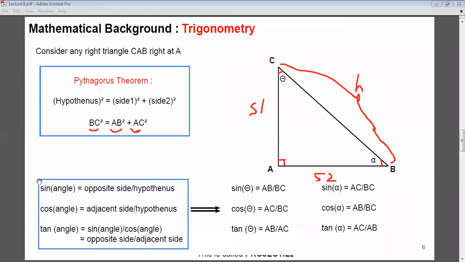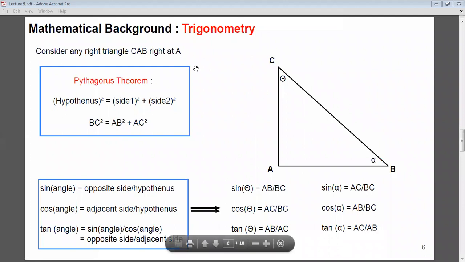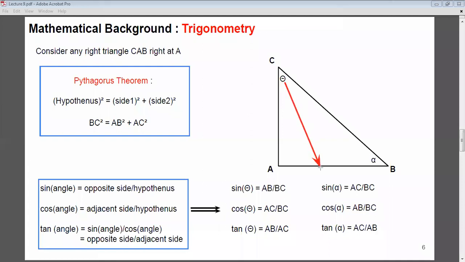Now, trigonometry, sine of an angle. Sine of any angle, let's say angle theta, is equal to the opposite side divided by the hypotenuse. This is the hypotenuse, remember?